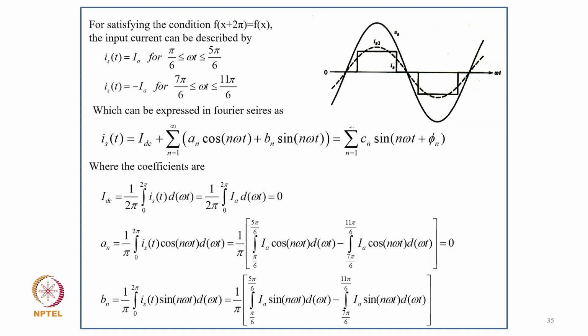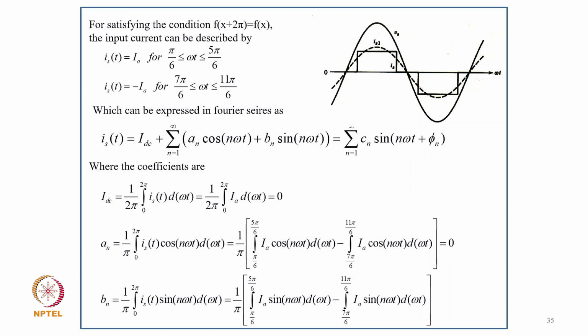It can be expressed in Fourier series as Is = IDC + Σ (An cos nωt + Bn sin nωt) = Σ Cn sin(nωt + φn), where the coefficient IDC = (1/2π) ∫ from 0 to 2π of Is dωt, or (1/2π) ∫ Ia dωt, equal to 0.